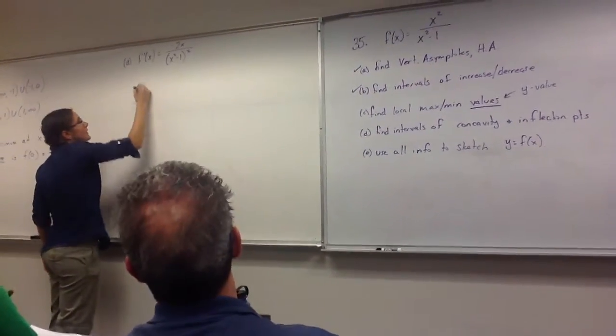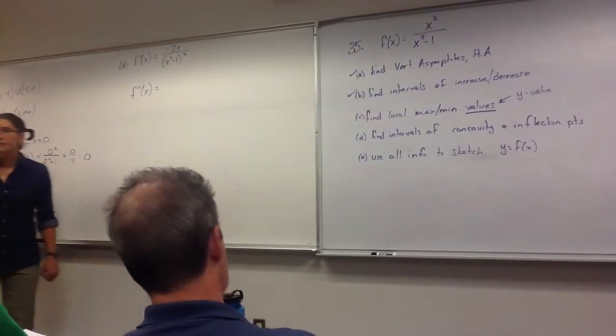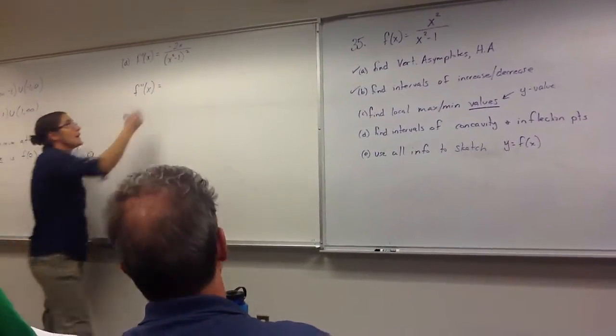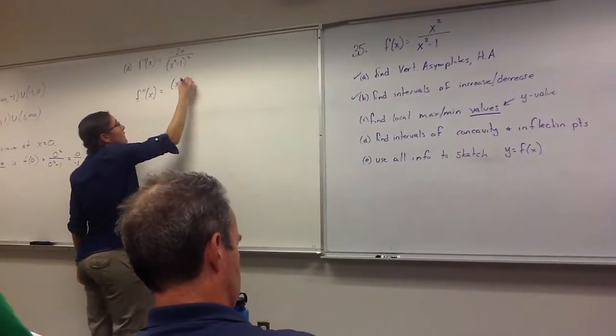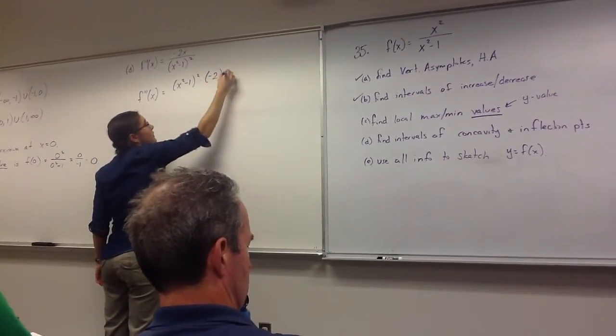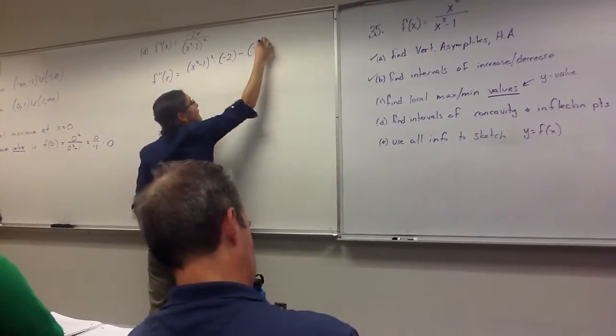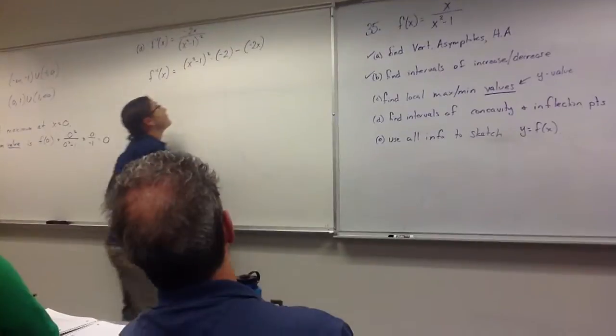So when I take this derivative, I have to use the quotient rule again. So I've got low, x squared minus 1 squared, d high, negative 2, minus high, d low.